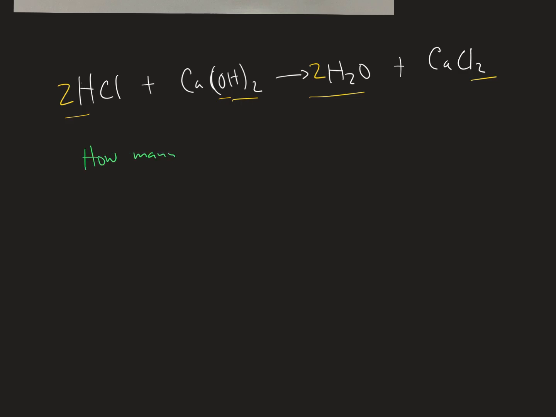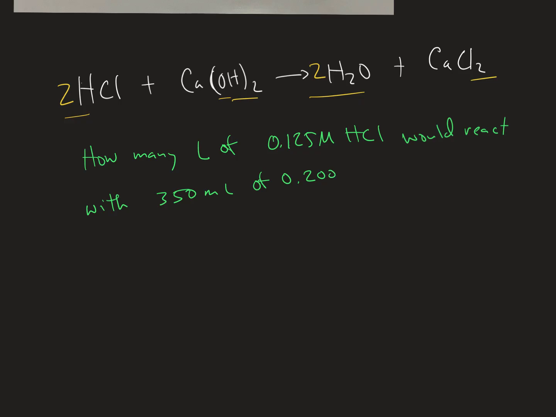So now let's do this problem here. How many liters of a 0.125 molar concentration of HCl would react with 350 milliliters of a 0.200 molar concentration of calcium hydroxide?